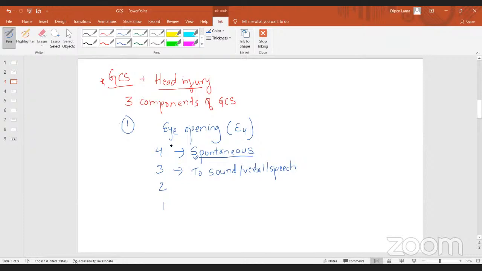So if the patient opens his or her eye in response to sound, we give the score 3, and 2 is for in response to painful stimulus, or to the pressure.